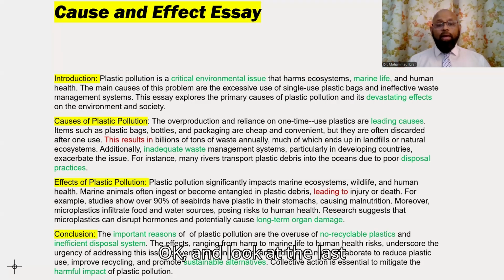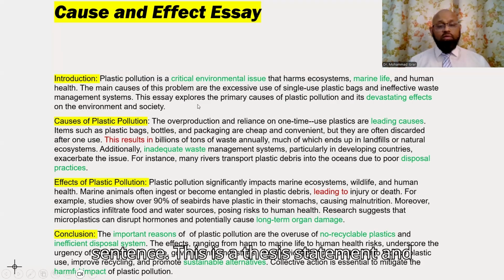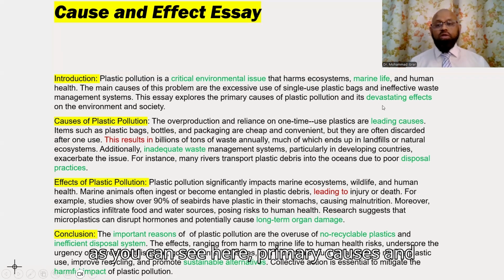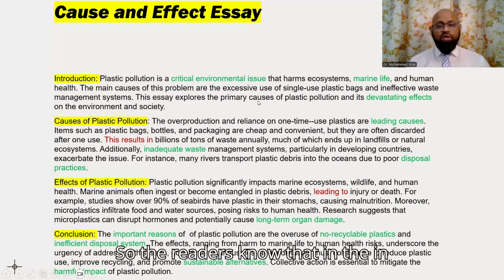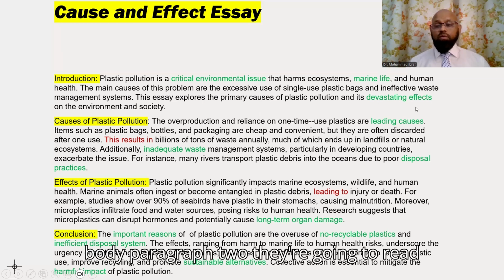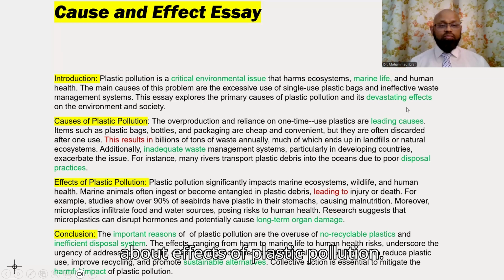Okay, and look at the last sentence. This is a thesis statement, and as you can see here, primary causes and then effects. So causes and effects are clearly mentioned here in the thesis statement. So the readers know that in body paragraph 1, they're going to read about causes, and in body paragraph 2, they're going to read about effects of plastic pollution.